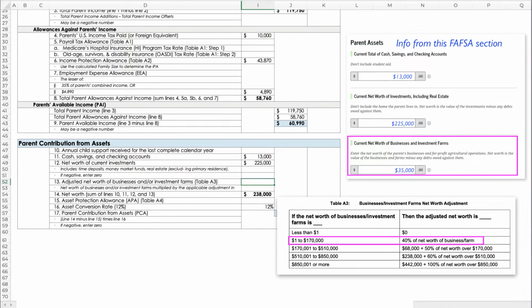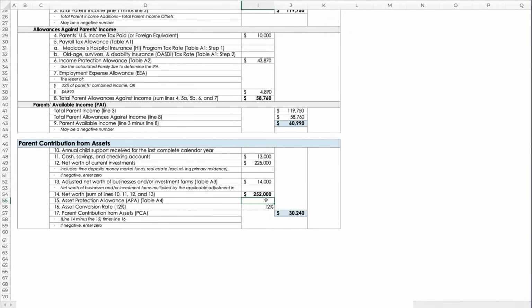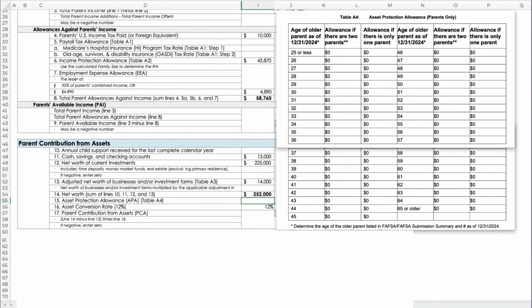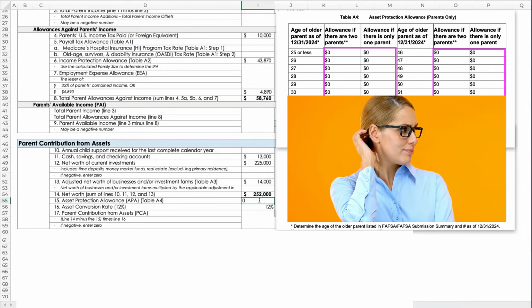If our parents' net business income is $35,000, let's say, then 40% of that is included in our net assets. This brings the total net worth of parents' assets to $252,000. Normally, we can also subtract the asset protection allowance from Table A4, but for the 2025-2026 FAFSA, it is 0.